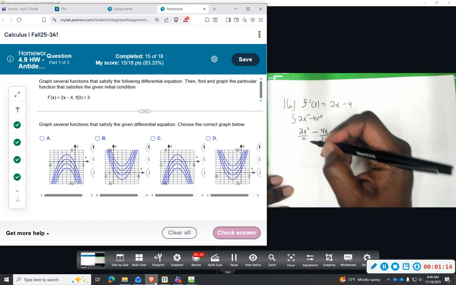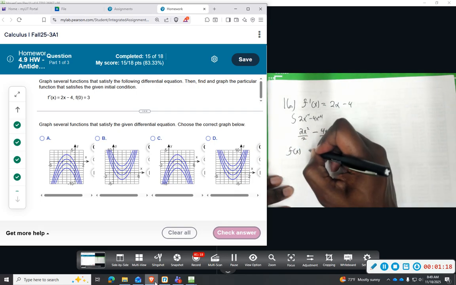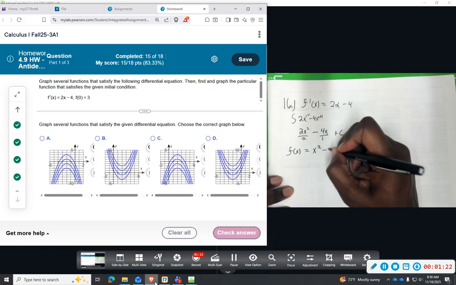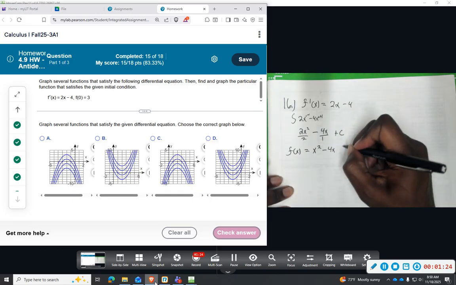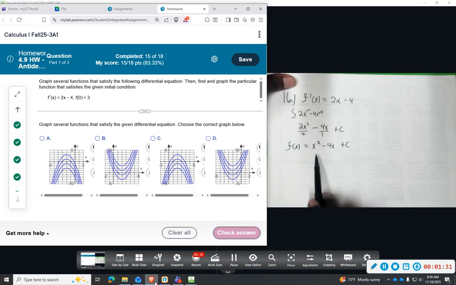So our function f of x would be x squared minus 4x plus some constant. So we got a parabola. The parabola should be opening up.